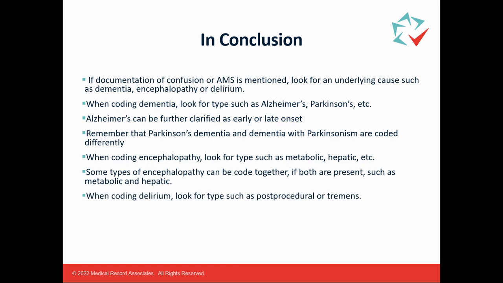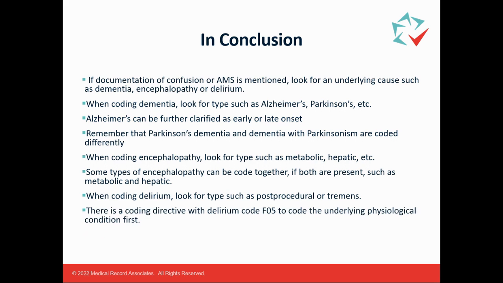When coding delirium, look for the types such as post-procedural or delirium tremens. There is a coding directive with delirium code F05 to code the underlying physiological condition first. And as always, when in doubt, queries are helpful. So just remember, it's important to be as specific as possible.